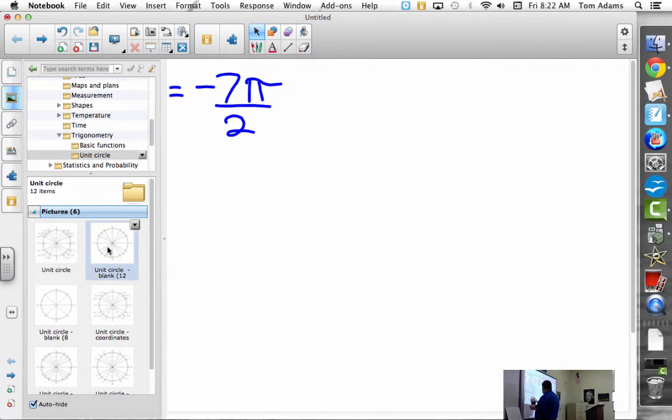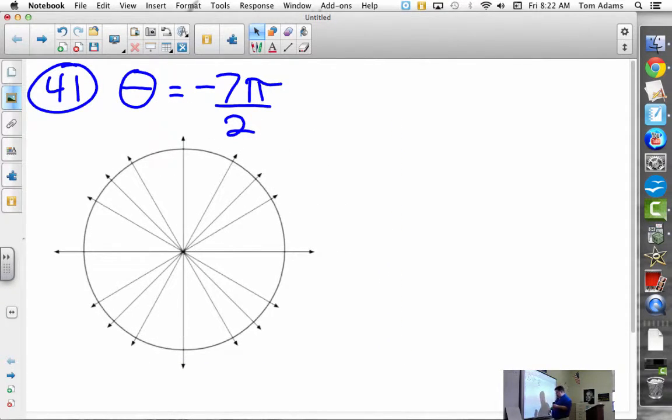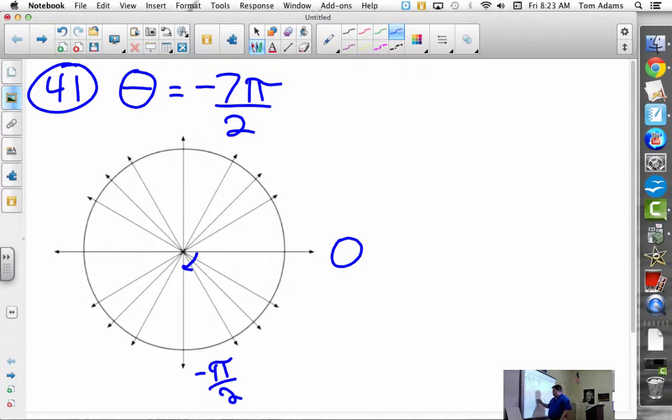So if I come in here, this is not that hard to do. Since my denominator is 2, we're going to count by half pi's. This is 0. And so from here to here is negative 1/2 pi. From here to here is negative 2 pi over 2.